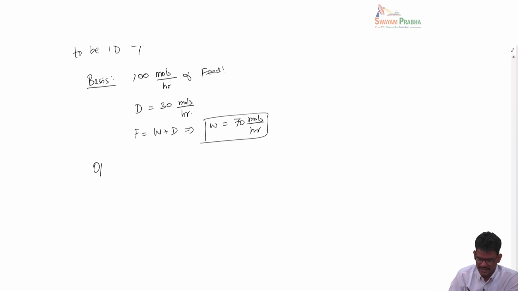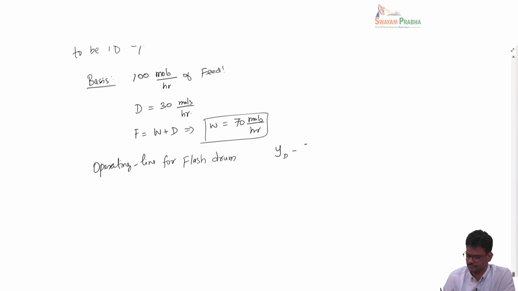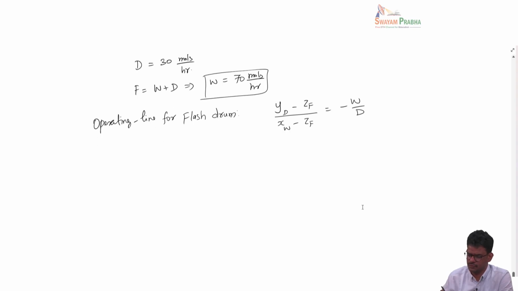So the operating line for the flash drum. Now let's substitute the things we know. We do not know what yD is, but we know what zF is, it's 0.6.